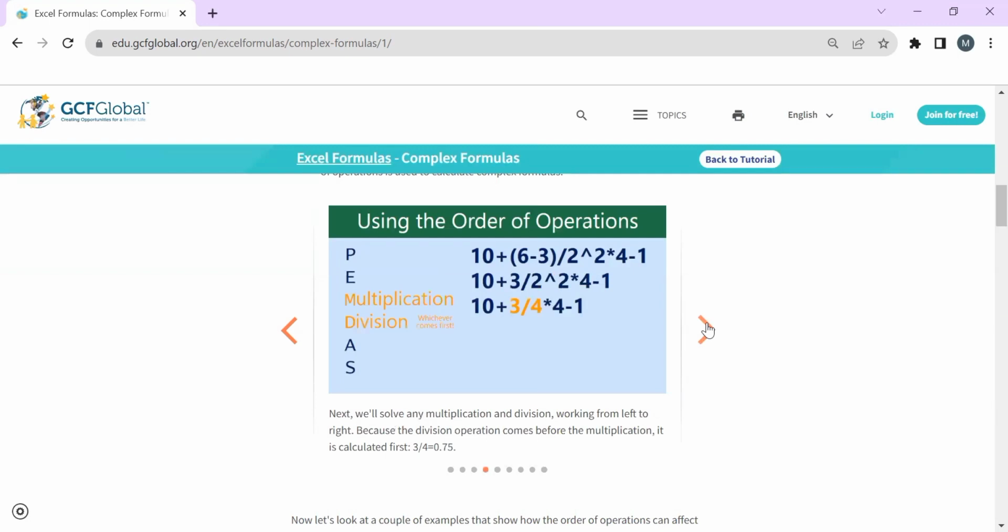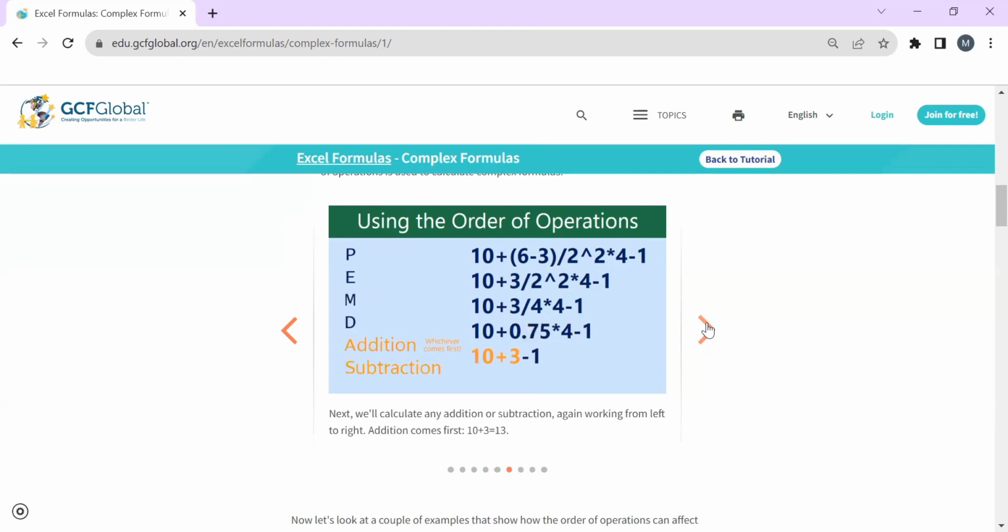Next is, we will solve any multiplication and division, working from left to right, because in this problem, the division operation comes first, before the multiplication. It is calculated first as 3 divided by 4, which gives the answer of 0.75. Then, now we will calculate our remaining multiplication operation, which is 0.75 times 4, and the answer is 3.